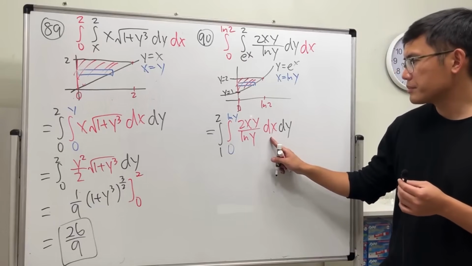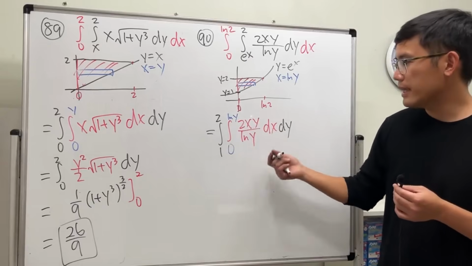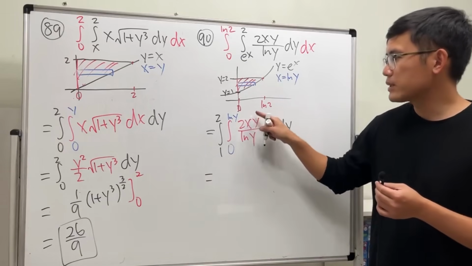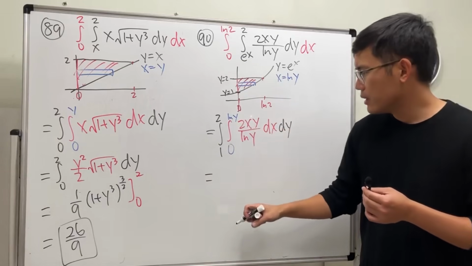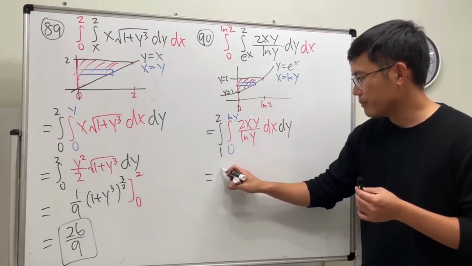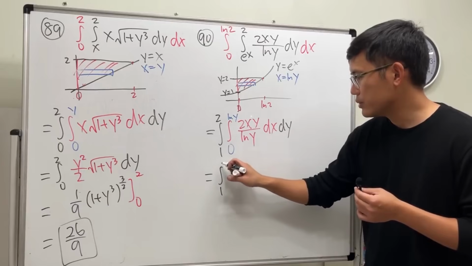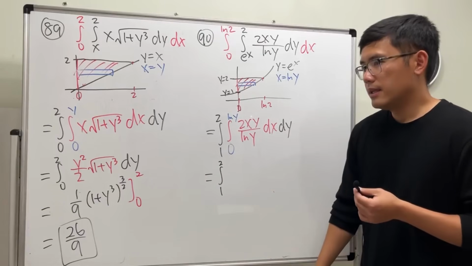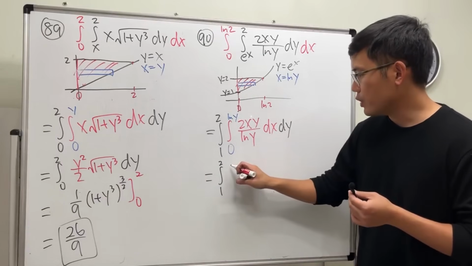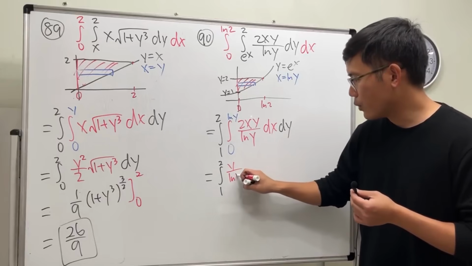Integrating 2x in the x world, we get x squared. Let's do it like this. Integral from 1 to 2, and then we have y over ln y, yeah?